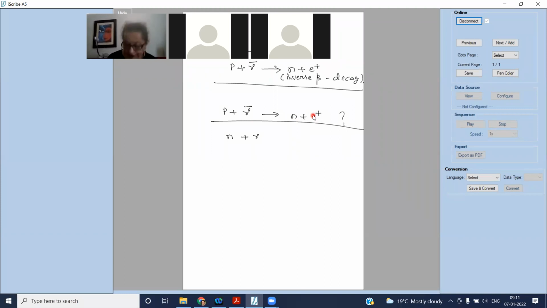I will take a neutron plus a nu going to proton plus e plus. Is this right? Is this a crossing symmetry? From the top line, that is inverse beta decay, can I get a crossing symmetry relation like this?